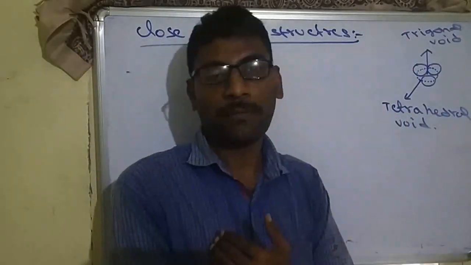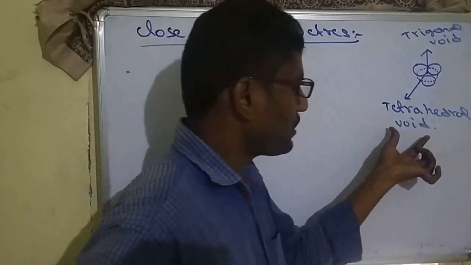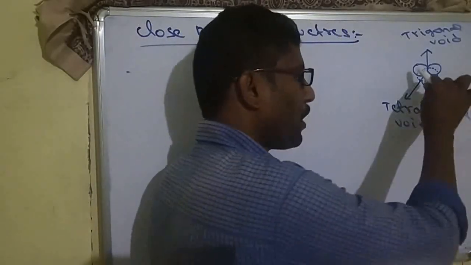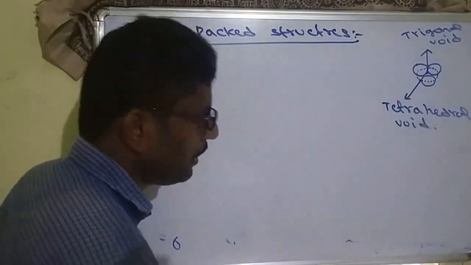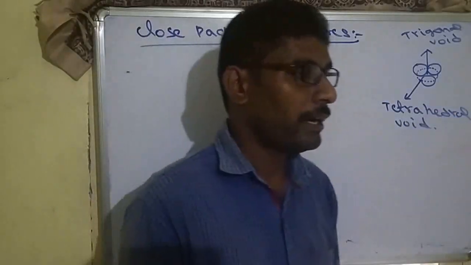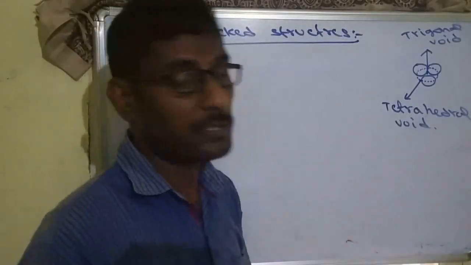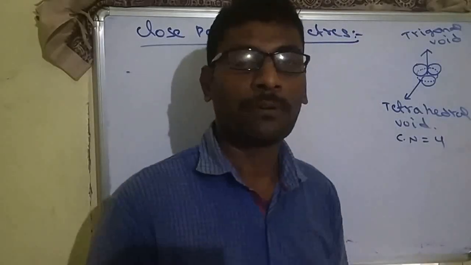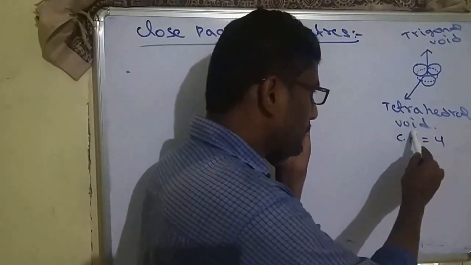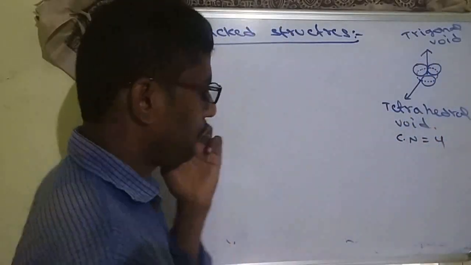In three-dimensional, when we are coming, there is a possibility of tetrahedral voids. What does tetrahedral void mean? The geometry of these four particles is similar to tetrahedral geometry. That's why it is called a tetrahedral void. Sometimes they will ask coordination number of voids also. For tetrahedral voids, coordination number is 4. Why? Because that void is formed by four particles.